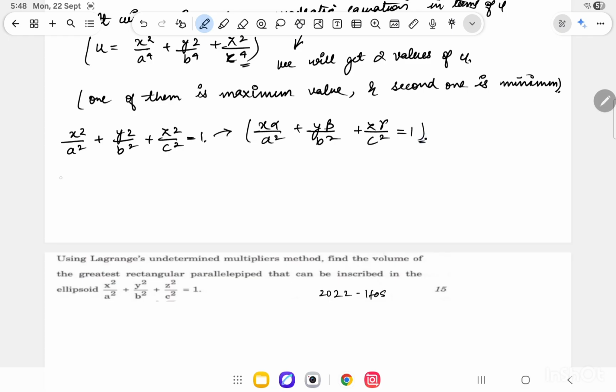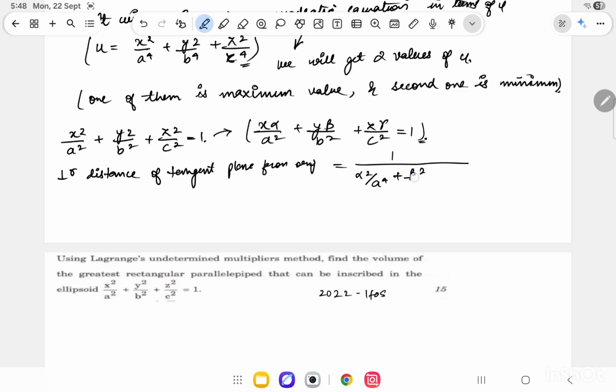Now if I find its distance, basically the perpendicular distance of tangent plane from origin, that will be basically 1 divided by the square root of alpha square by a raised 4 plus beta square by b raised 4 plus gamma square by c raised 4.